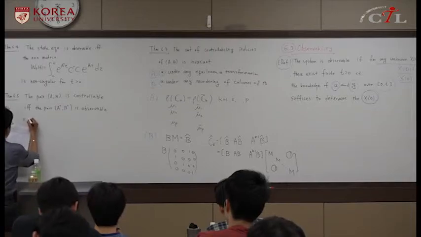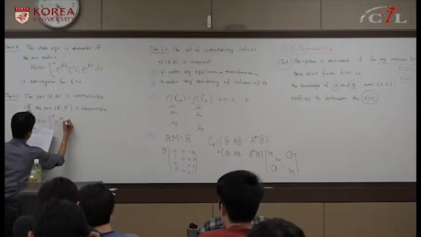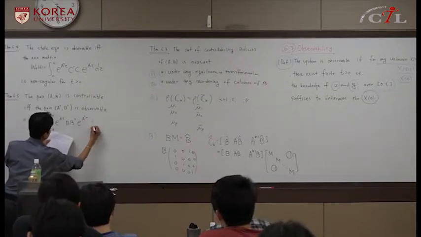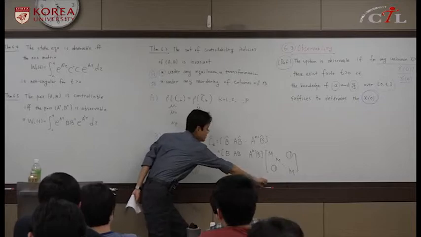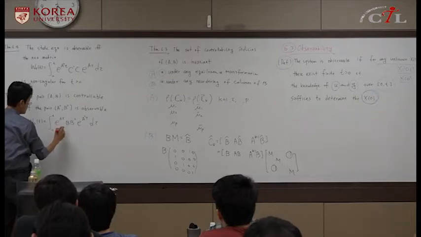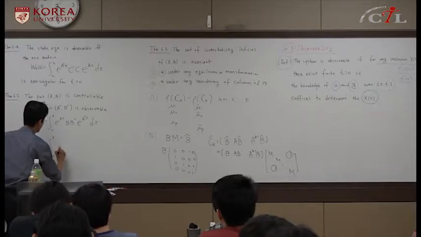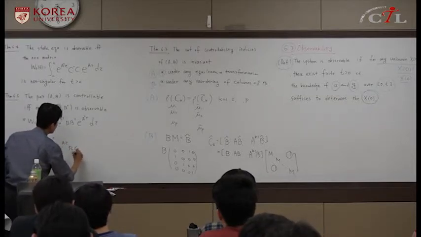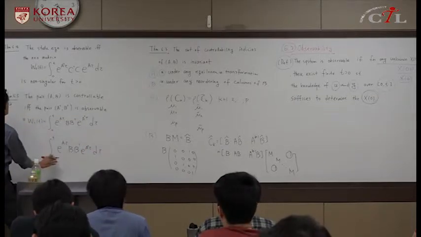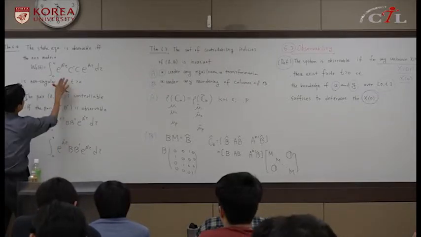Because our controllability gramian is the integral from 0 to t of e^(A tau) B B transpose e^(A transpose tau) d tau. And the observability gramian has the transpose here. So instead of A, I may put A transpose. First I will write the same copy in uppercase. Okay, this is the same as WC. The observability gramian has the transpose here, so I put the transpose, and the transpose in the first.